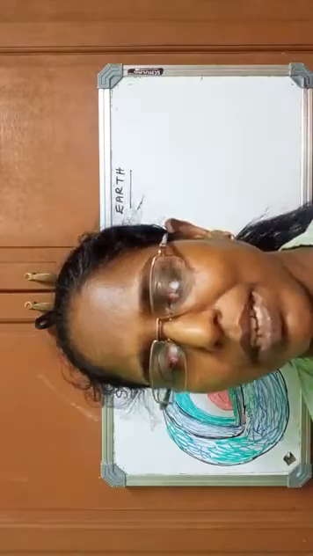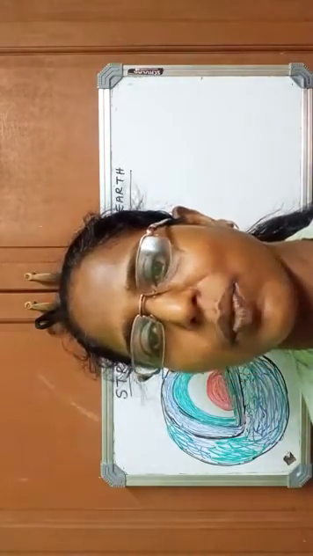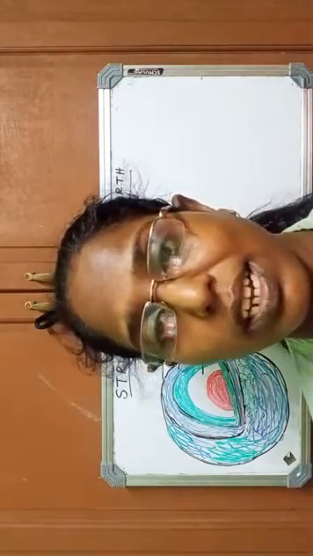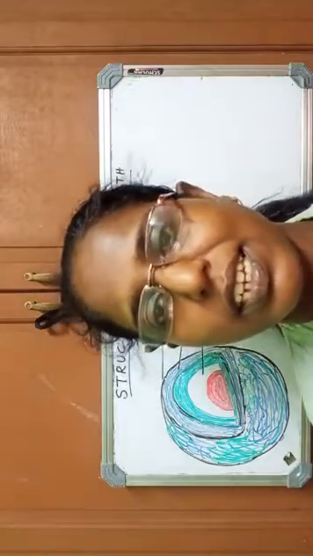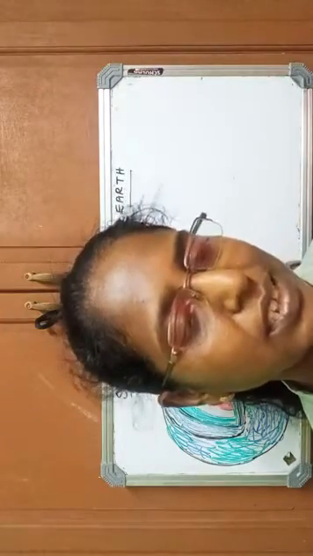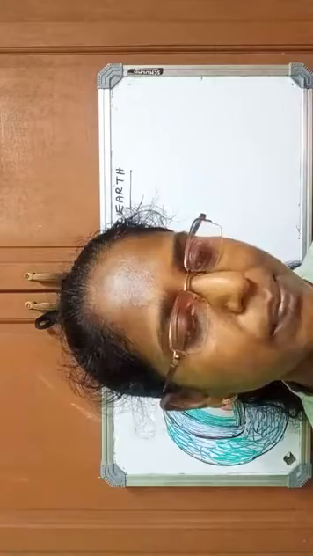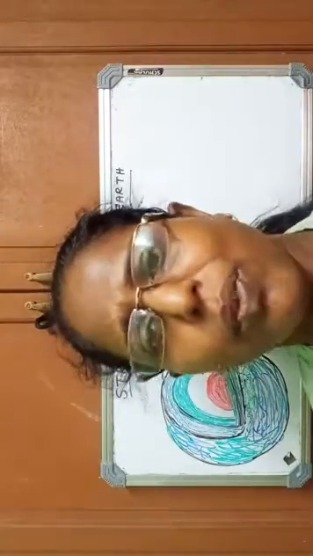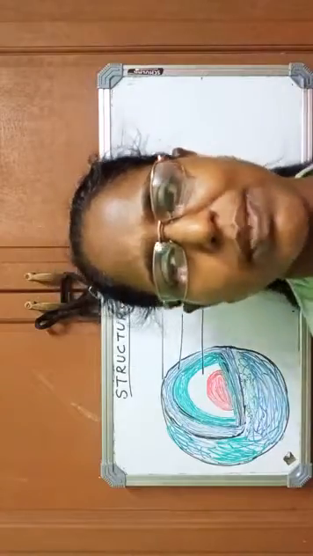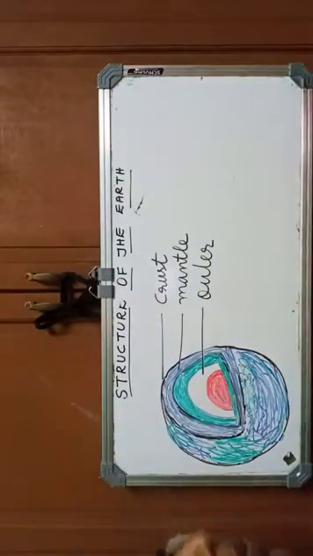Why is it so? Because air and water are present only on the Earth. Its atmosphere and water make life possible on the Earth. What is atmosphere? We are learning what is atmosphere.